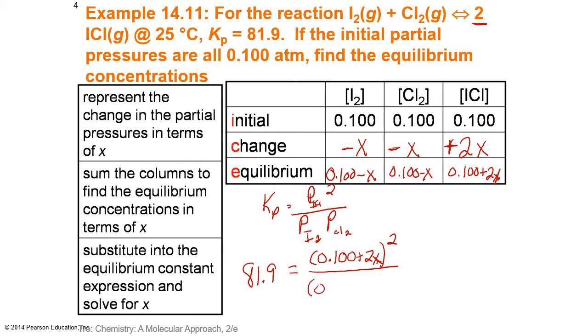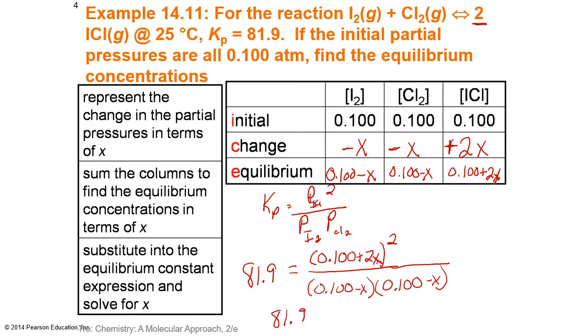For the iodine, it is 0.1 minus x, and for the chlorine, it is 0.1 minus x. So this is our new expression.